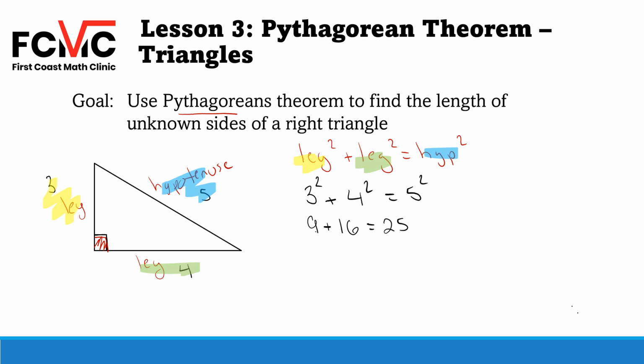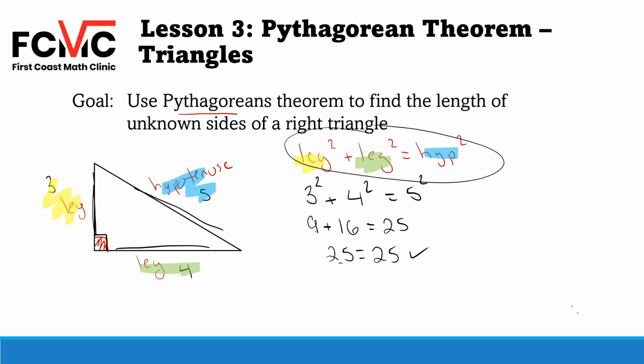And then 9 plus 16 is 25, so we get 25 equals 25. The left side and the right side are equal to each other, right? So it shows that when I square the legs and add them together, I get the square of the hypotenuse. So I can use this relationship to find missing legs and missing hypotenuse for any right triangle.